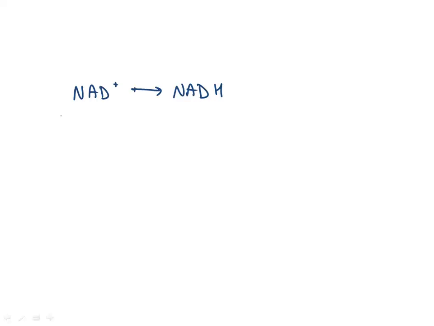And so what we really need to know is that this is the oxidized form, or what we call the low energy form, and that this is the reduced form, and this is our high energy form.